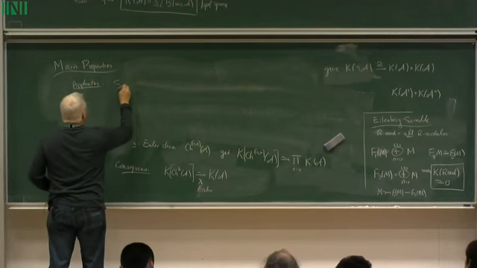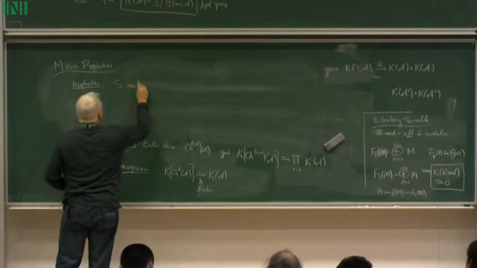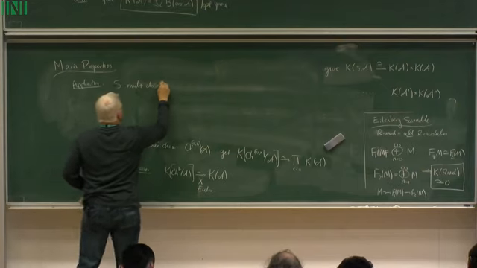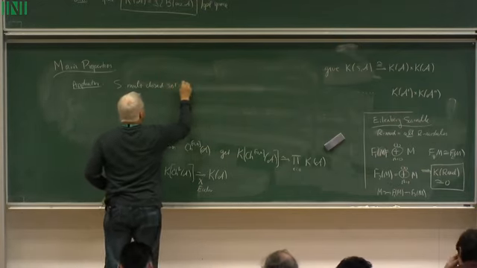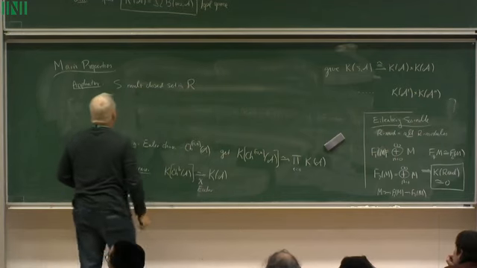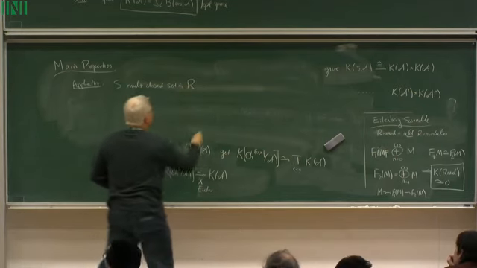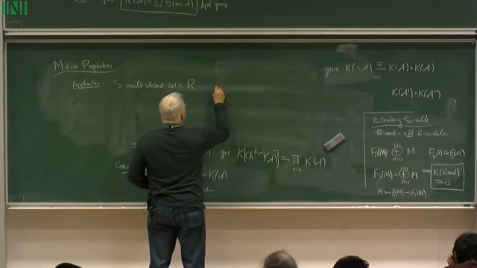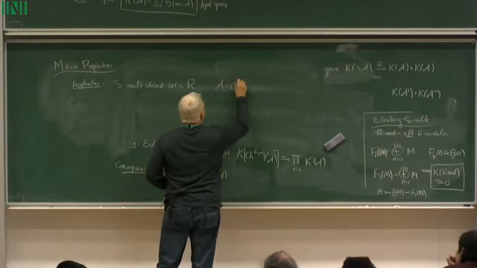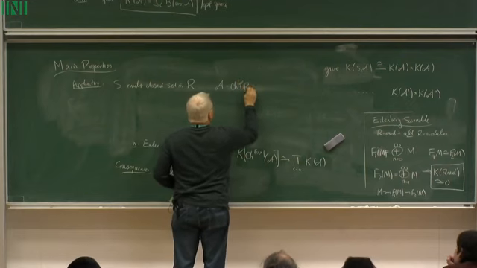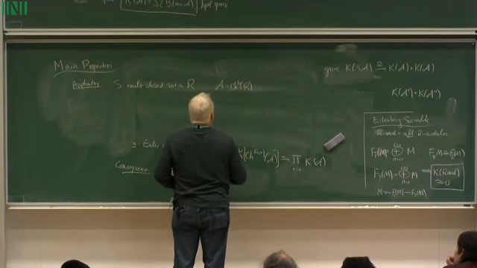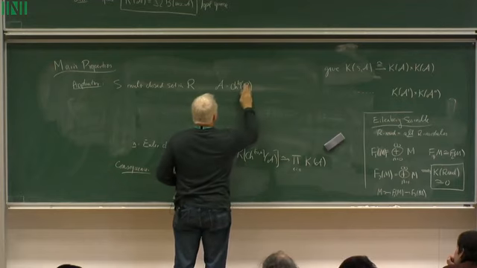So S is a multiplicatively closed set in a ring R. And the category A is chain complexes of projective R modules.